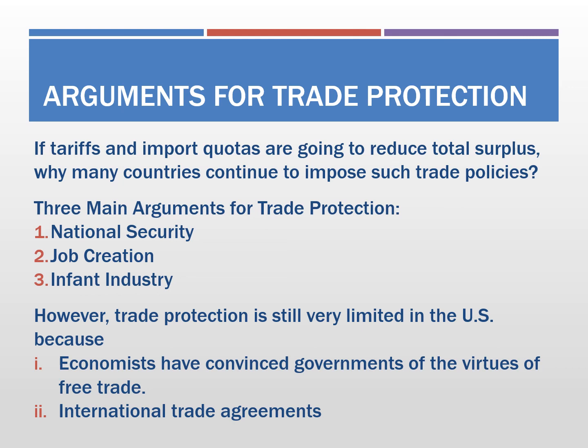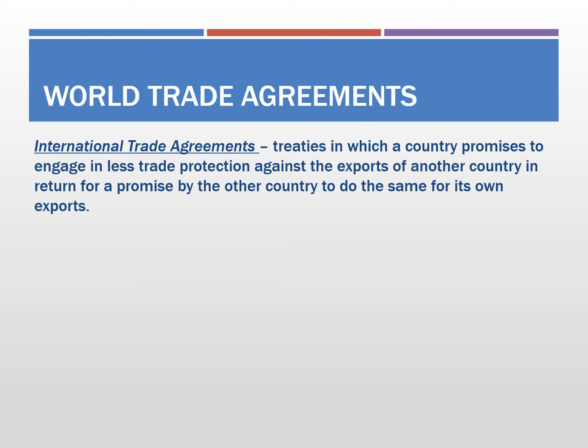So international trade agreements are also another promotion of this topic. Some of the important world trade agreements that we know already: one is called International Trade Agreements, which is a treaty in which countries promise to engage in less trade protection.